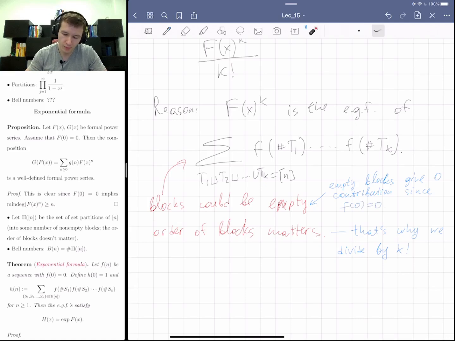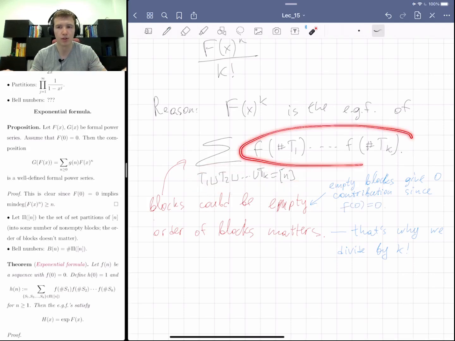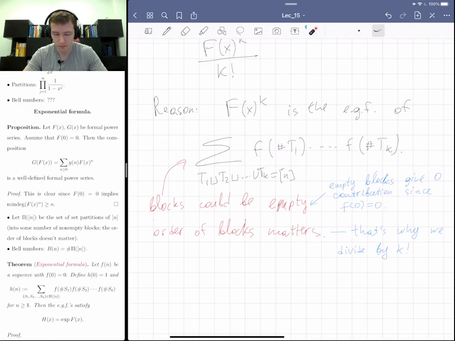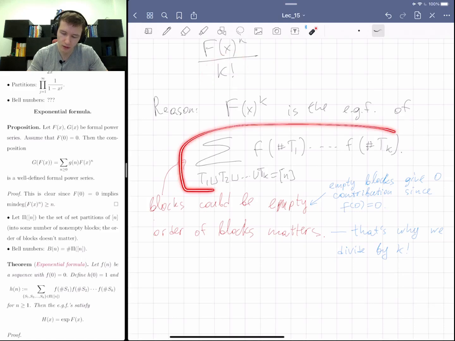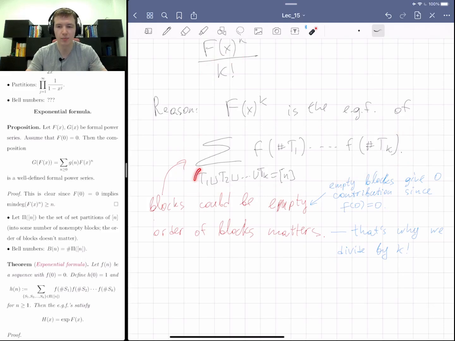So all these ordered partitions which have an empty block are going to give me 0 in the sum. In particular, after you divide by k factorial, this becomes a sum over unordered set partitions into non-empty blocks with k parts. Does it make sense, or is it kind of too vague?